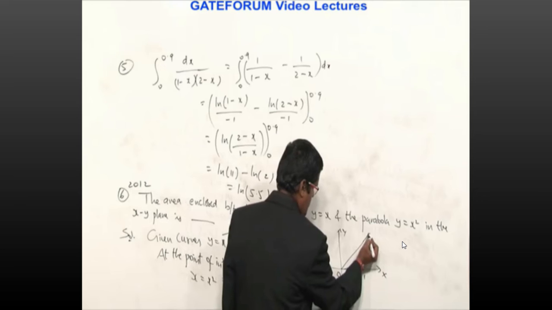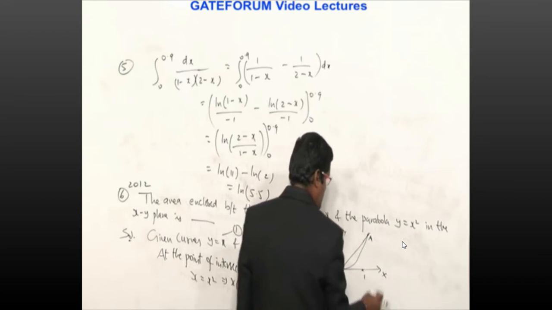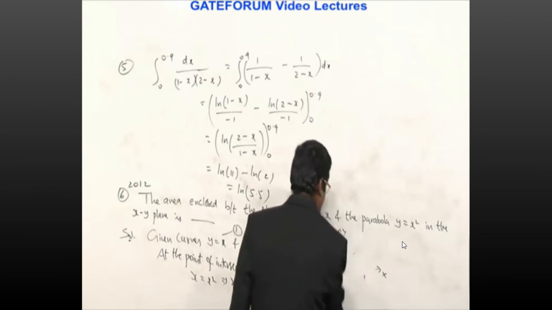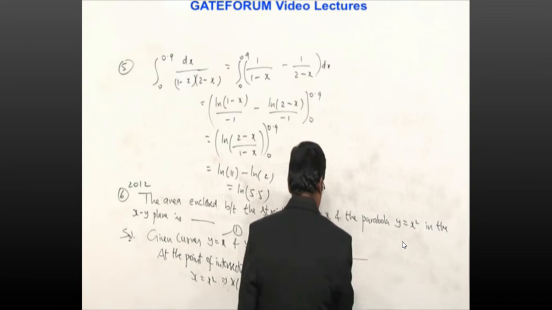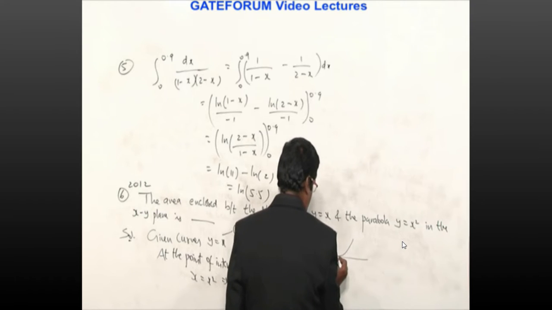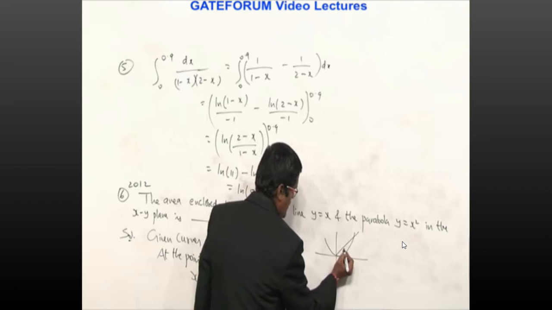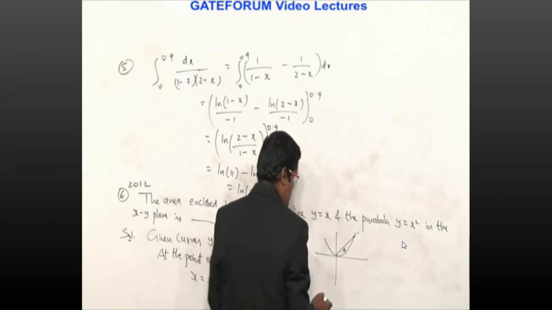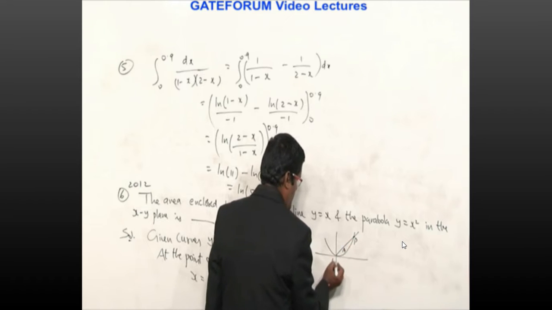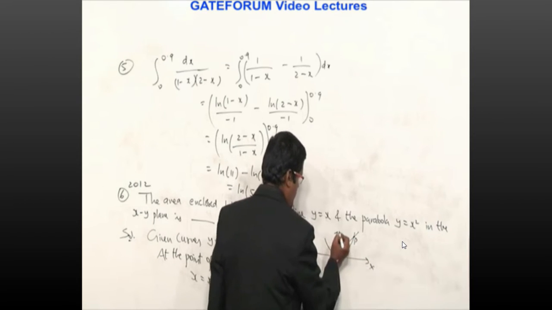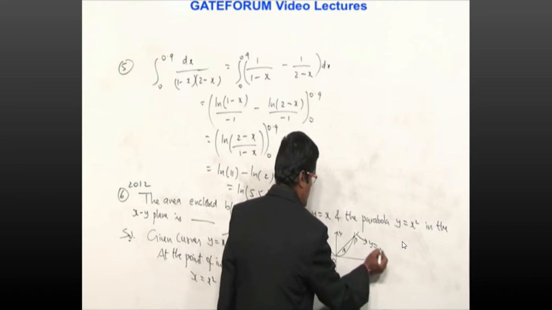So this is the origin, this is the point of intersection A. So this is the area, the shaded part. Okay, this is some point P, origin, x axis, y axis. This straight line is y is equal to x, and this is the parabola y is equal to x square.